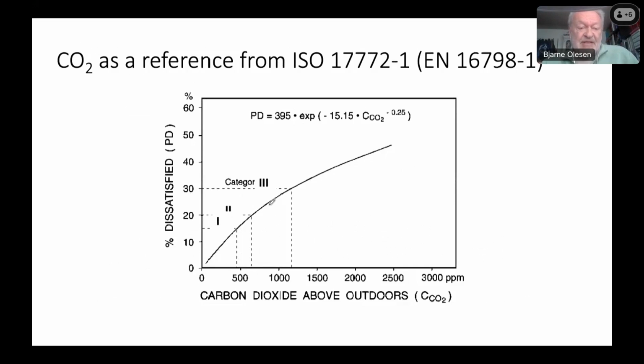But this percentage dissatisfied is only valid if people are the only source of emissions in the space. And normally we have other sources. That's why it gets a little more complicated to find out what is the set point needed. The 1000 ppm comes from that 20% dissatisfied is about 650 or 700 above outdoor, and if outdoor is 300, 350, it gets you to 1000 ppm.